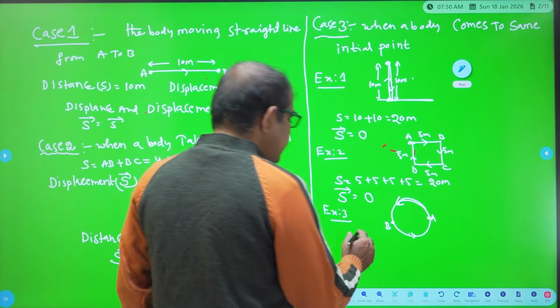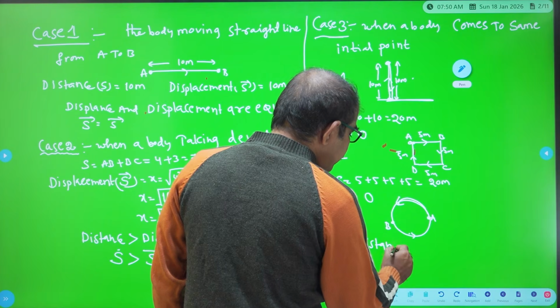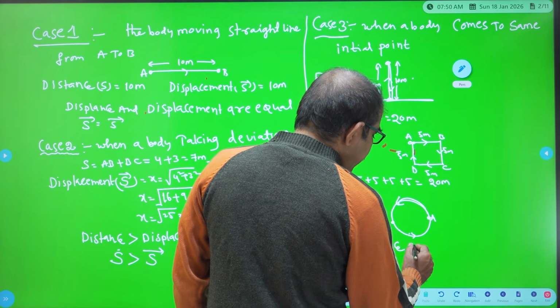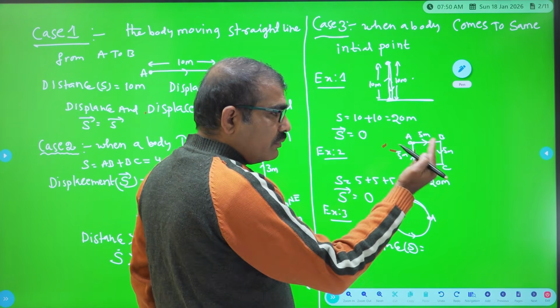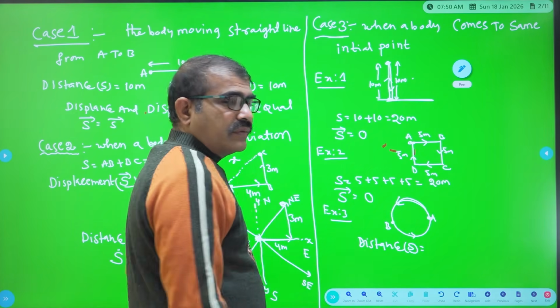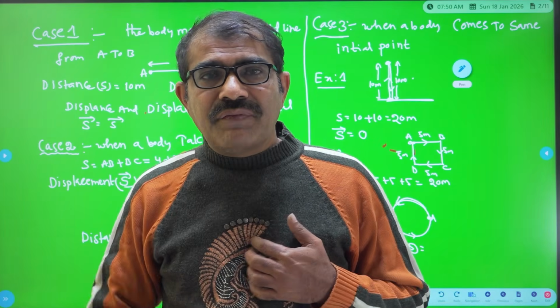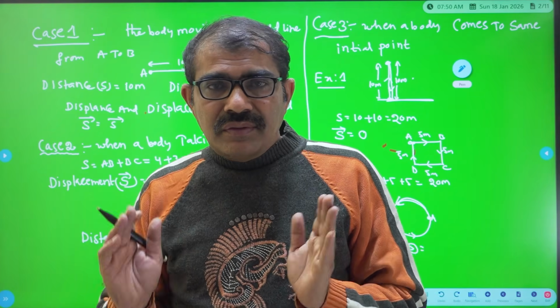What is the distance? Distance S is equal to... it starts here and again reaches the same point. What is the circumference of the circle? Circumference, from mathematics.